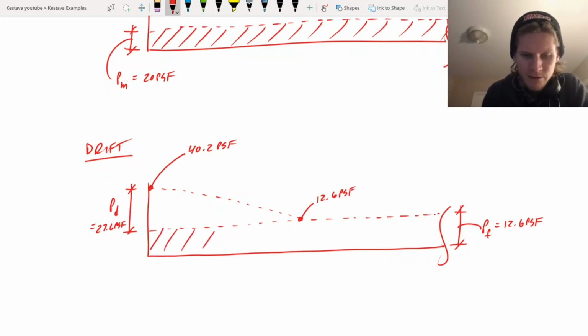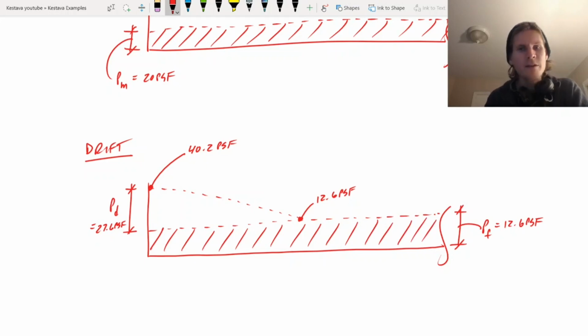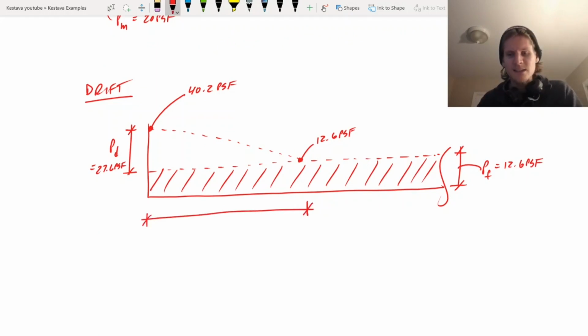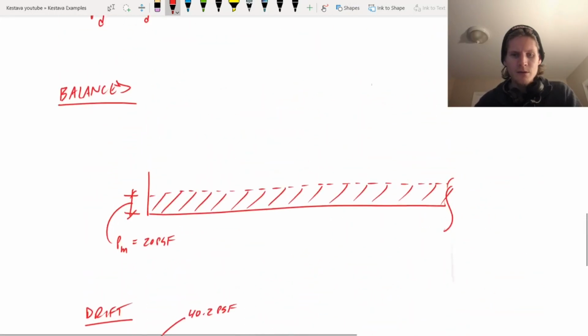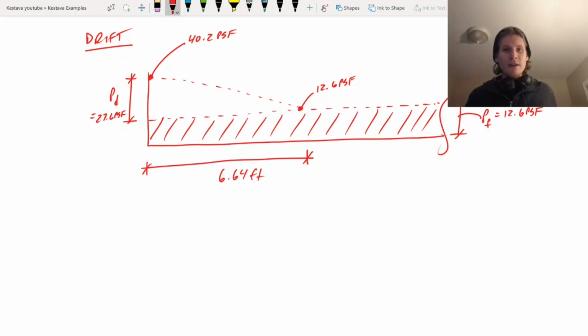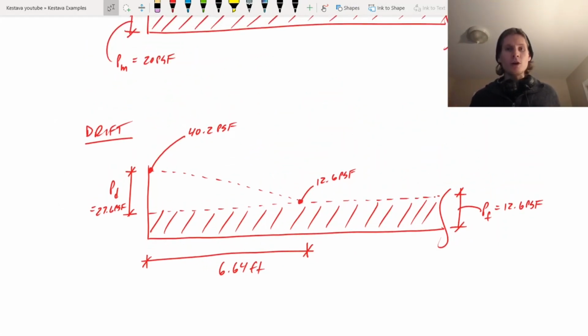So here's your flat roof snow, and above that, that's your drift. You might say, where does that happen? Well, we solved for W, so let's not forget about that. W is the distance over which it happens. W was 6.64 feet. And there it is. So that is your drift condition snow loads.